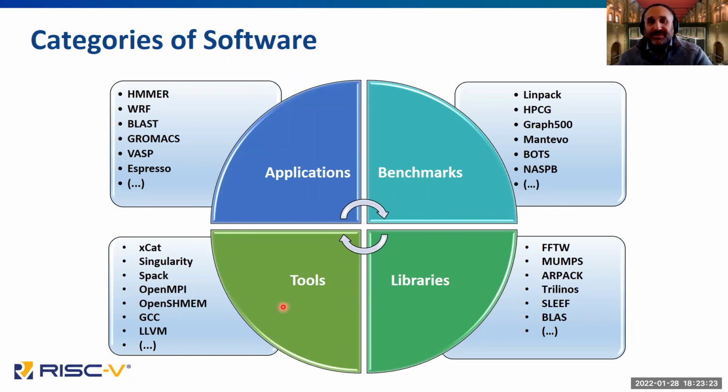And obviously we have tools. We want to be able to run all of these on RISC-V, and later I can show what we're running on some of our clusters. Fundamentally, we're starting in this space to get to the next level and say that RISC-V not only runs whatever, it also runs HPC workloads, so you can actually deploy full stacks on it. That's what we want to get to.